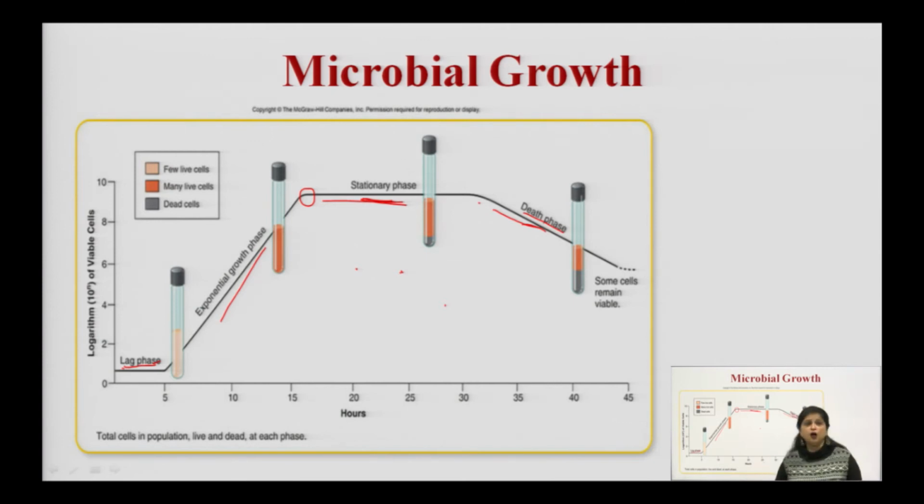So this is how we can represent microbial growth. The microbial growth can be divided into 4 phases. First phase, lag phase. Second phase, we have the exponential growth phase. Third phase, stationary phase, and the last one is your decline phase, when the number of microorganisms goes on decreasing.